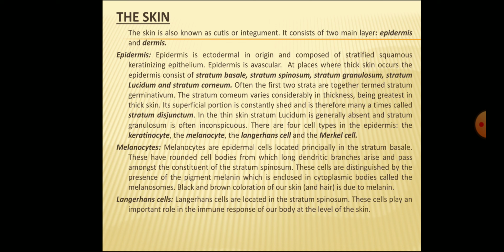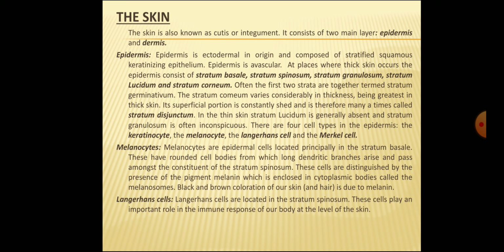In the thin skin, stratum lucidum is generally absent and stratum granulosum is often inconspicuous. There are four cell types present in the epidermis. These are the keratinocytes, the melanocytes, the Langerhans cells, and Merkel cells.